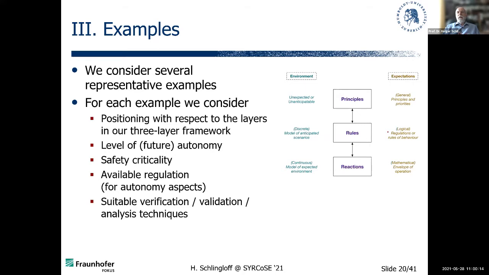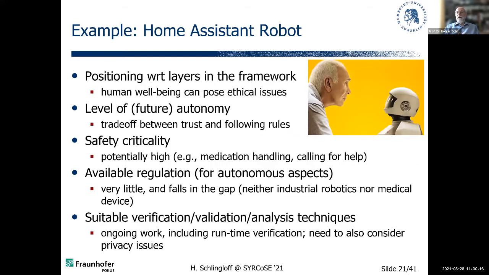An example would be a home assistant robot. Some years ago, there was a nice movie called Robot and Frank. The picture you see here is from this movie. It's a robot assisting elderly people. And in this particular case, this elderly person has been a thief.